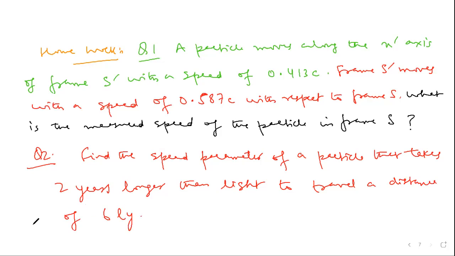I repeat, find the speed parameter of a particle that takes 2 years longer than light to travel a distance of 6 light years. Remember, light year is a unit of distance, and it is the distance traveled by light in 1 year by definition.